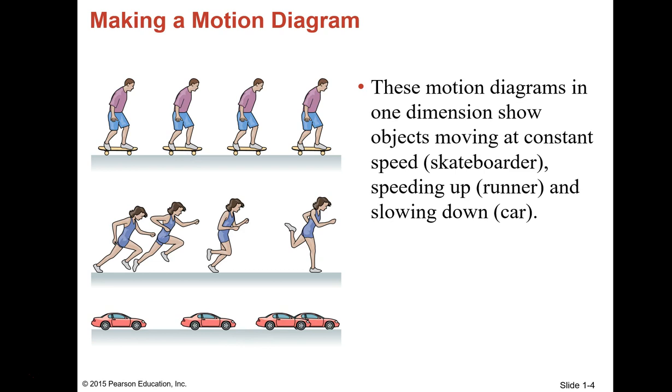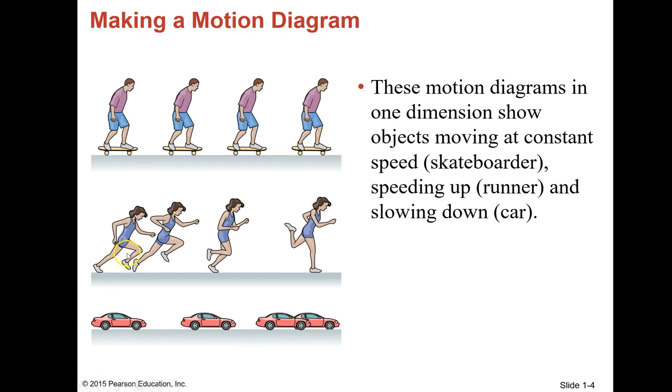If you go 100 meters in 10 seconds, your speed would be 100 meters divided by 10 seconds, or 10 meters per second. So this first guy is moving at a constant speed. He gains the same amount of distance in every time interval, and each picture here is a given time interval.